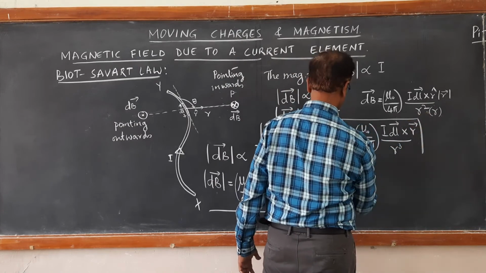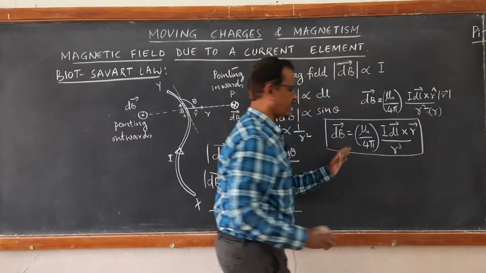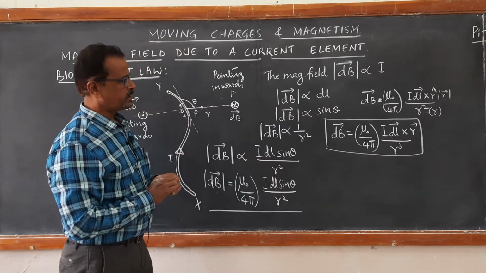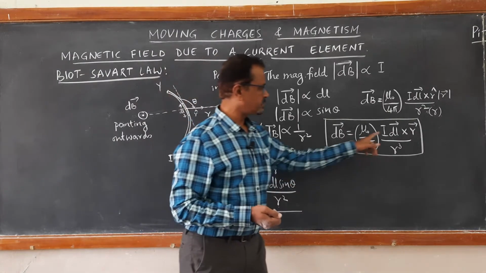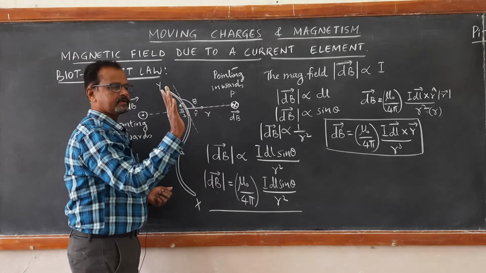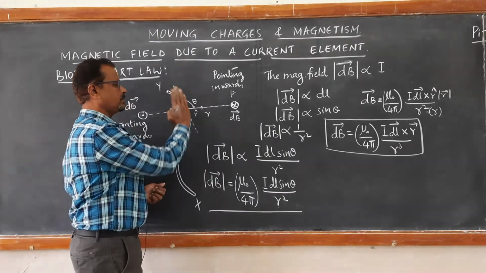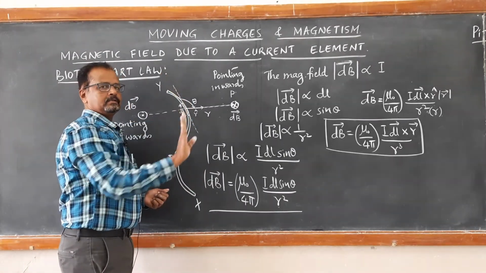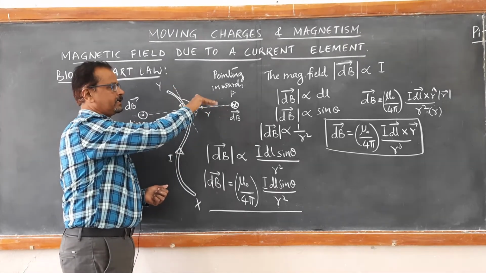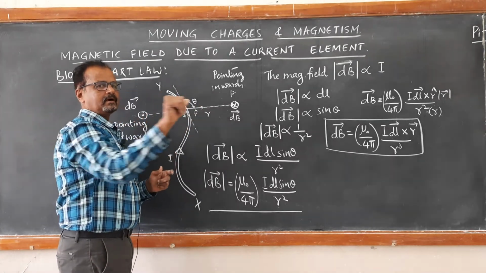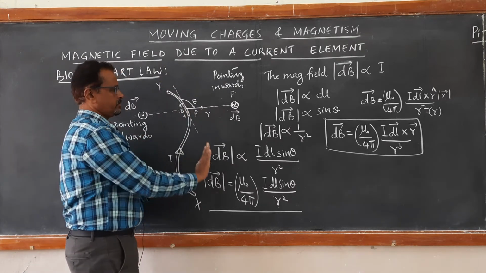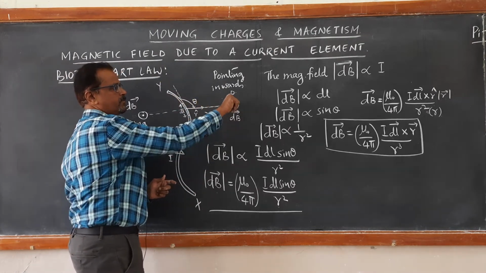So this gives us an idea of its magnitude as well as direction. The direction of the magnetic field is determined by the cross product of I dl and r vector. If you take the right hand, you take the I dl along the right hand palm like this, and turn this I dl towards the r vector, I dl cross r, and see the thumb points inwards. So this is the right hand rule, I dl vector cross r, the thumb points inwards.